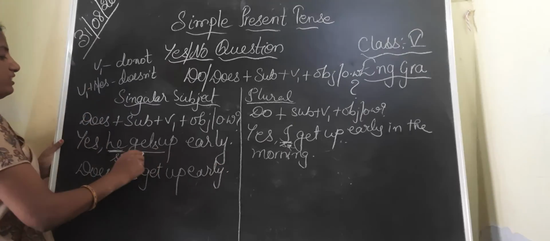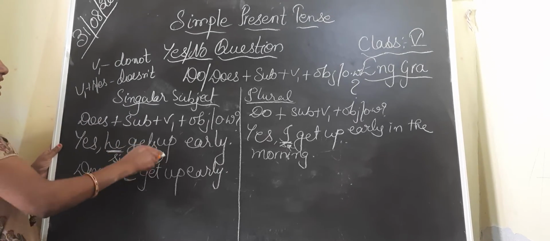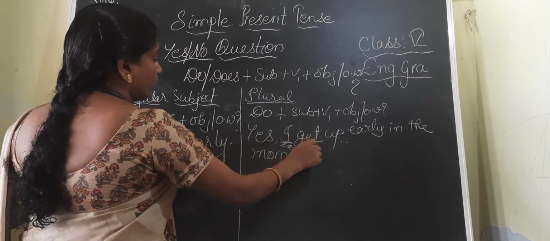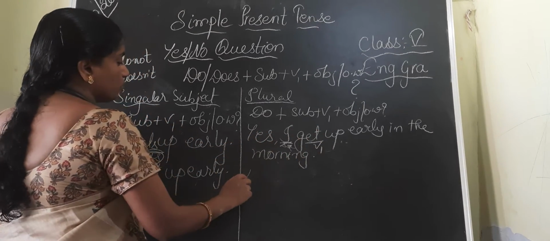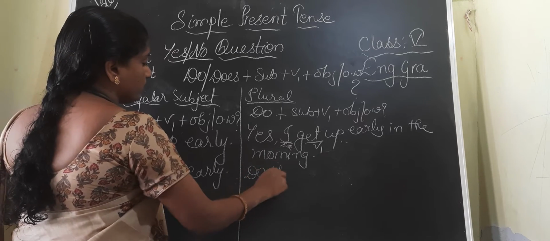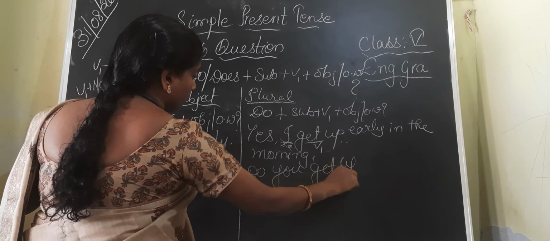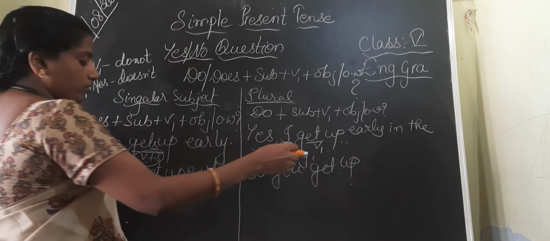Here V1 with s will be given to you in the answer, gets. But here, if you see, get only, V1 only they give. So, do you get up? Do you get up early in the morning?